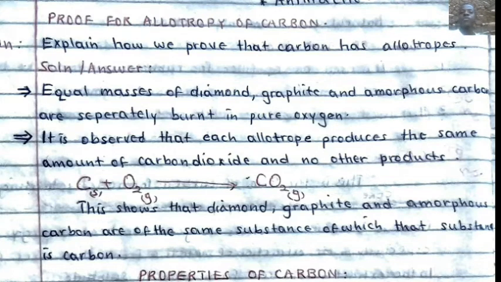We get equal masses of diamond, graphite, and amorphous carbon, and burn each of them on its own in pure oxygen. It is observed that each produces the same amount of carbon dioxide and no other product, and that confirms to us that all of them are made of one element, carbon.